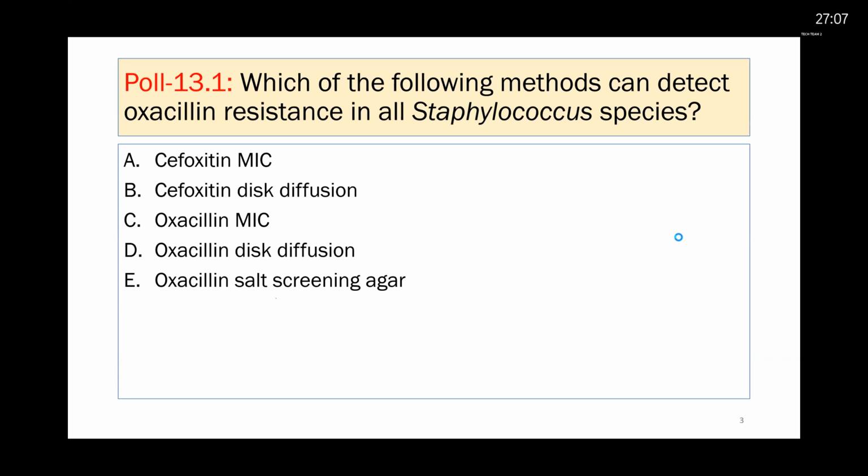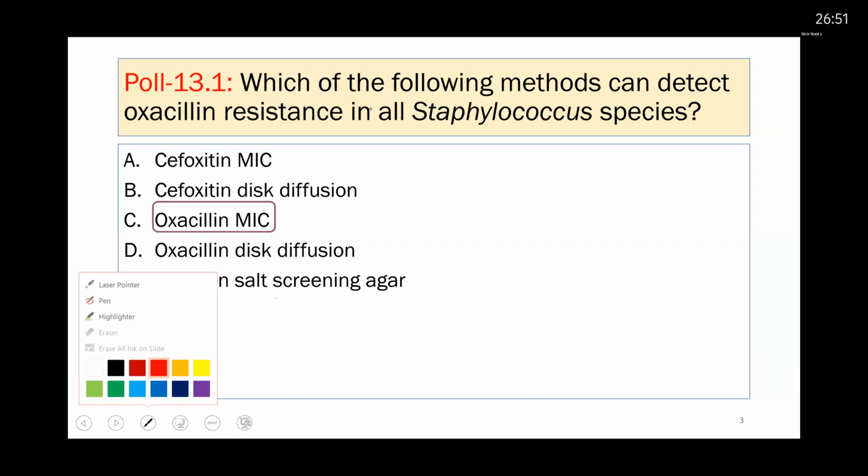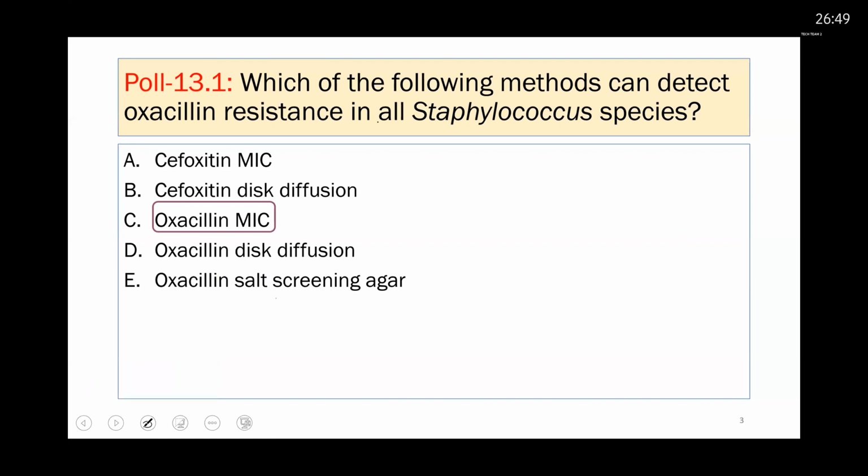Okay. So the first question we asked was, which of the following methods can detect oxacillin resistance or methicillin resistance in all staphylococcal species?